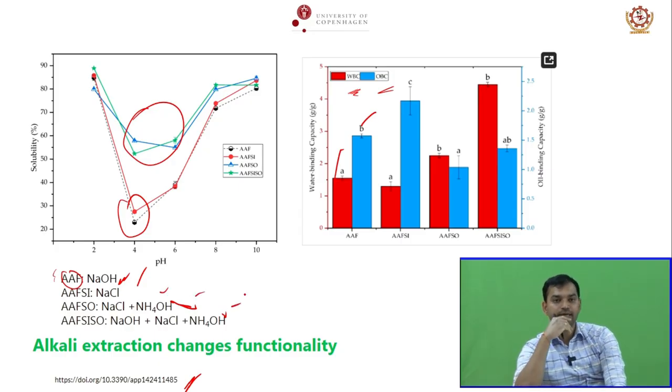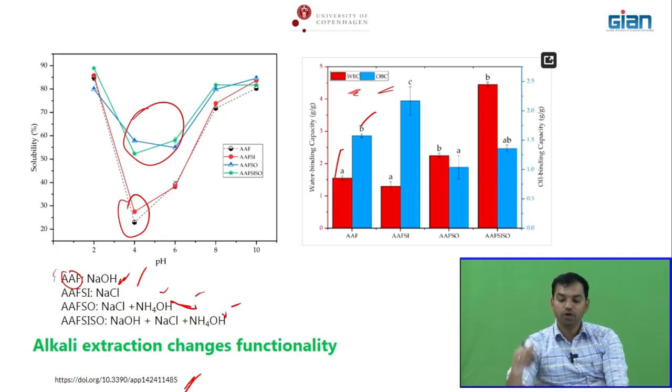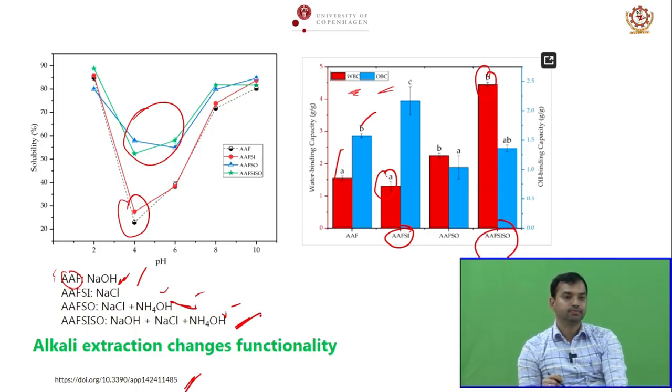It's clearly showing us that extraction actually matters a lot toward the functionality. So if you want a low water holding capacity, probably you have to use this method. If you want the highest one, probably you need to use this method. So the extraction method matters to get the right functionality.